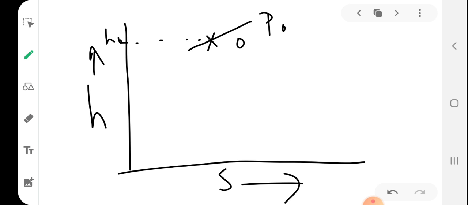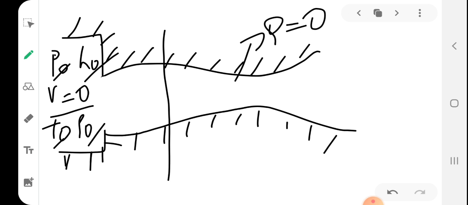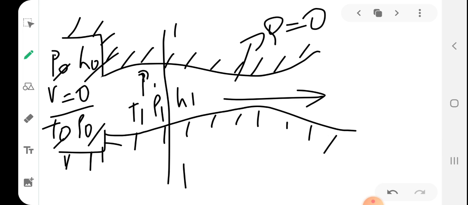Similarly, for any downstream location in the flow, here I am taking a section 1. So here P1, T1, rho 1, H1. These are the properties at section 1 downstream. So the flow is going this way. This is the downstream direction.